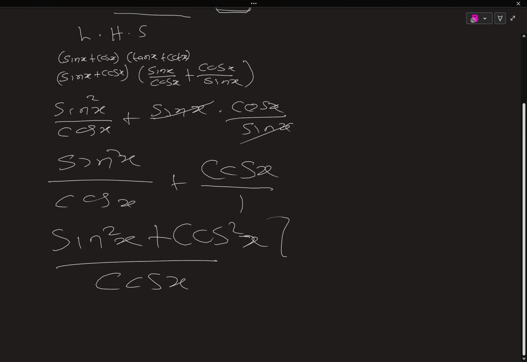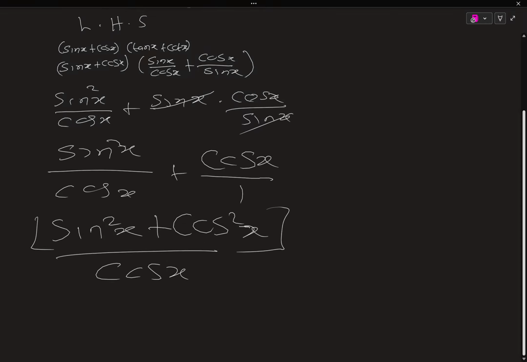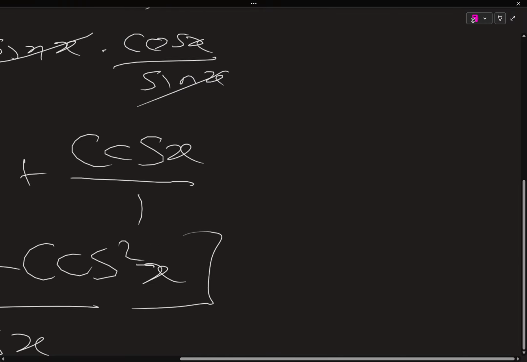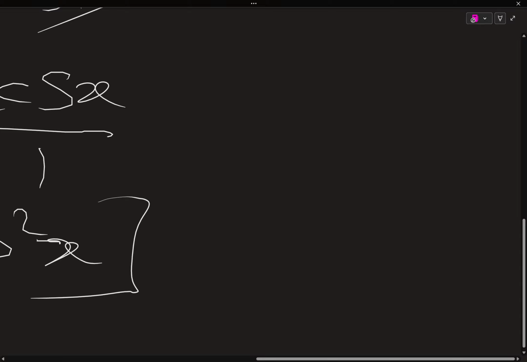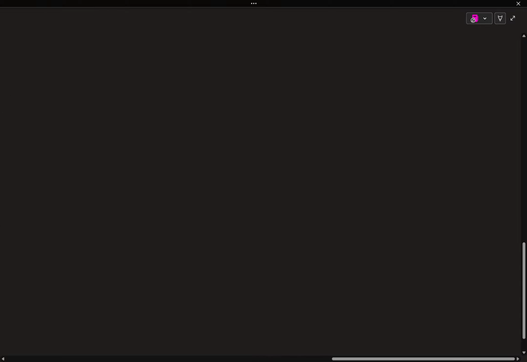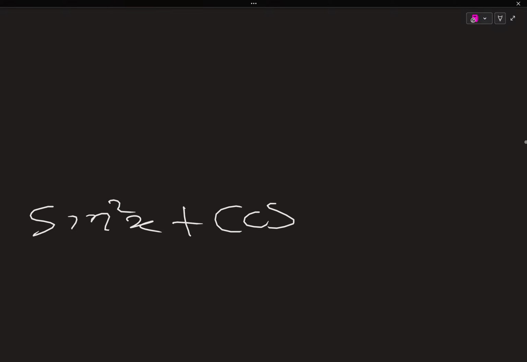This is an identity. This is under the Pythagorean identities, where we said sin squared x plus cos squared x is equal to 1. If you remember, this was the identity under Pythagorean, right?